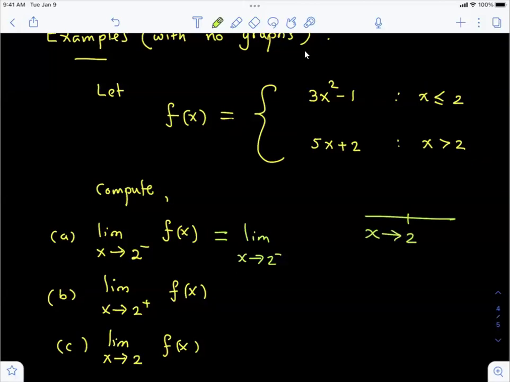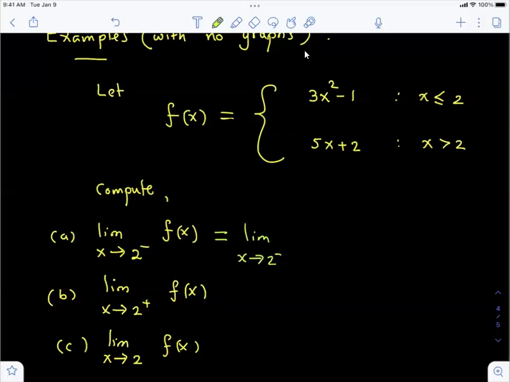X is approaching 2 from the left side. So in this scenario, can you see the location of x is the left side? X is less than 2. Can you see it corresponds to this branch? X is less than or equals 2.